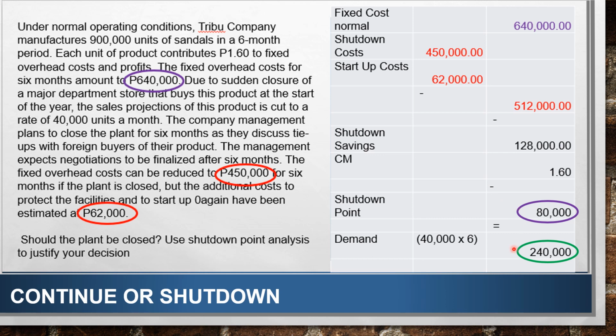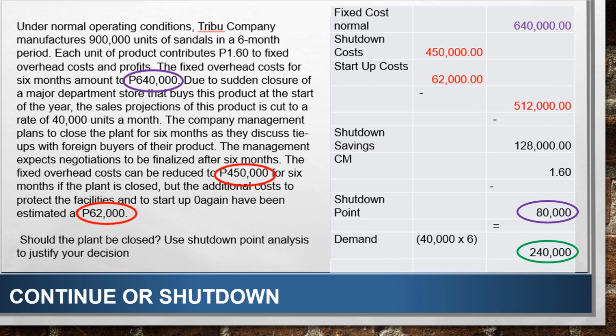So again, decision criteria: if the demand is higher than the shutdown point, then it is better to continue. You can just do the analysis if you want to prove this, like what we did a while ago in the first problem. So again, our decision here is to continue with the operations as the demand is higher than the shutdown point.